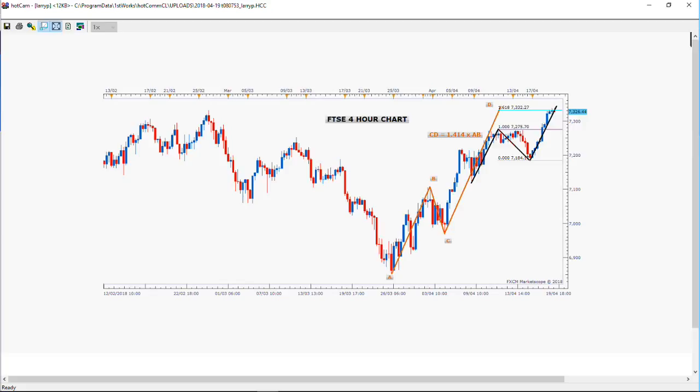It's pretty much spot on from high to high, and high to high is equal, and the ABCD pattern is there. But the CD leg is a multiple of 1.414, which is the reciprocal of the square root of 2, which was one of Nikola Tesla's favorite ratios.